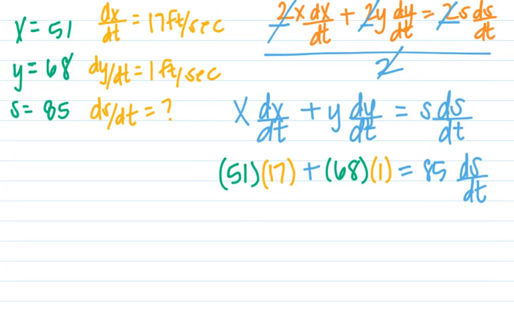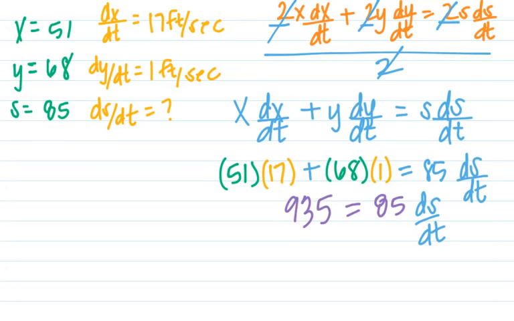All right, so again, I'm just going to plug this into my calculator. So 51 times 17 plus 68 times 1, it's just 935. And that's going to be equal to 85 ds/dt.